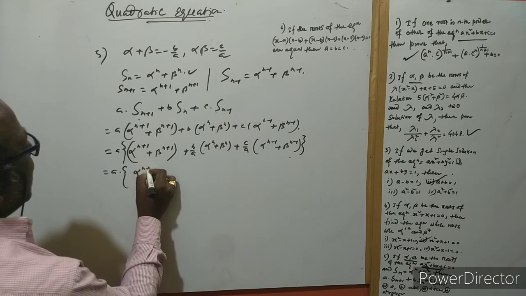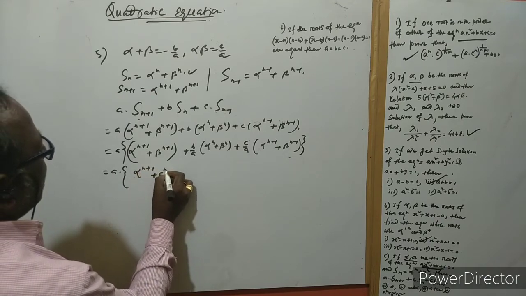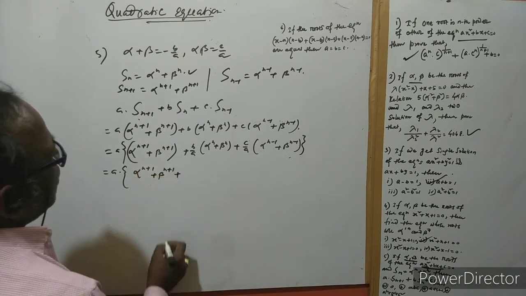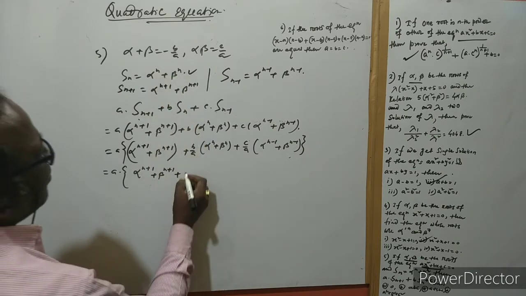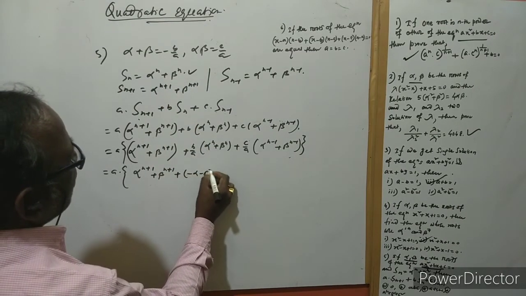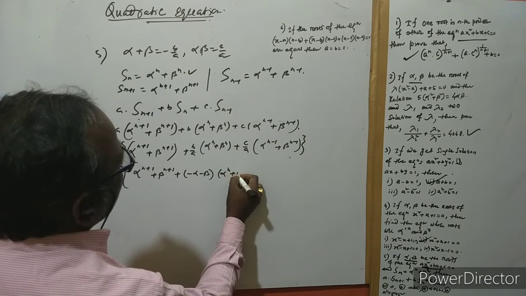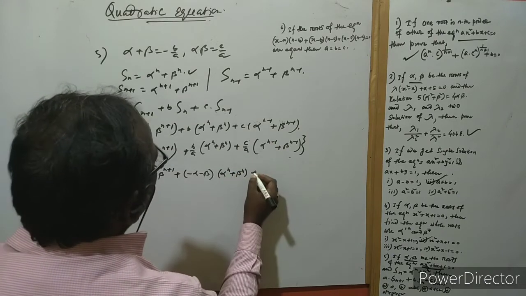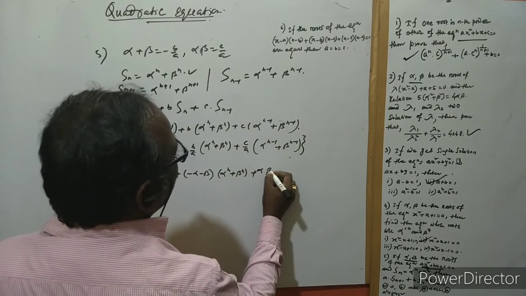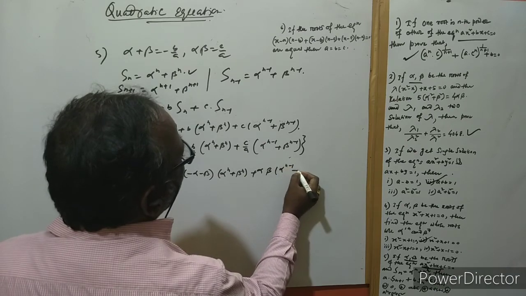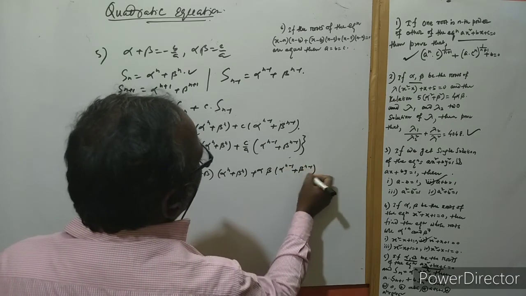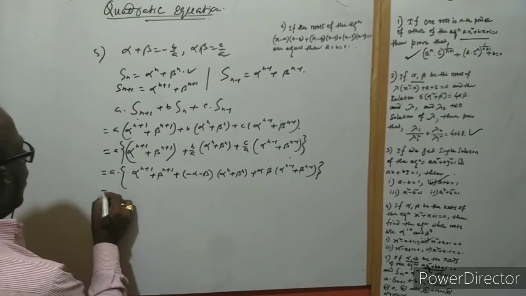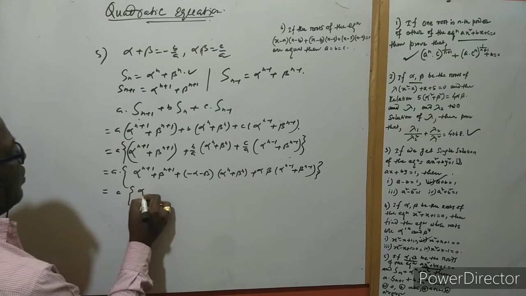Alpha to the power n+1 and beta to the power n+1, and B by A, B by A is this, minus alpha minus beta, C by A. Simplify.